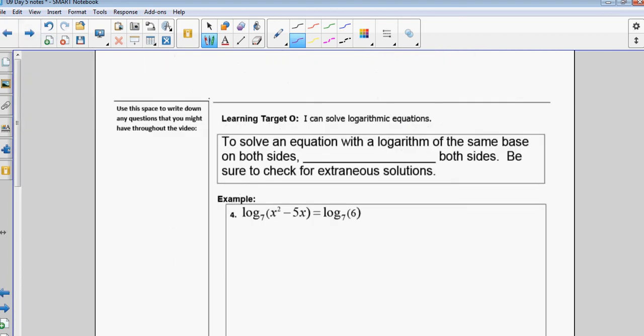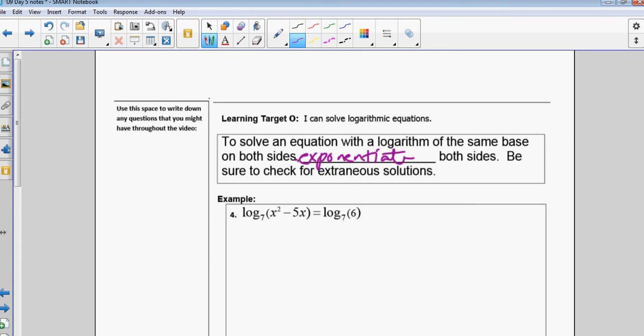In the next page, we're going to solve logarithmic equations. So to solve an equation with the logarithm of the same base on both sides, you want to exponentiate both sides. But you have to be sure to check for extraneous solutions.